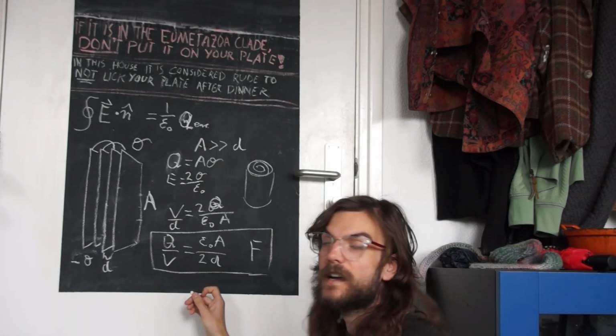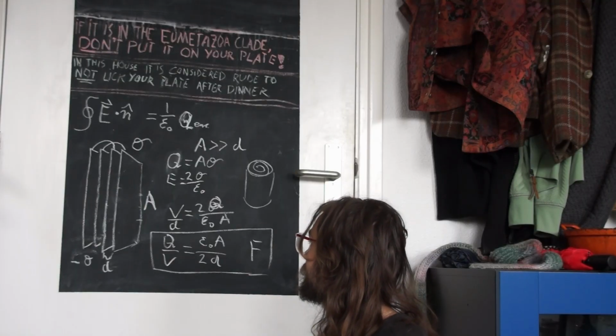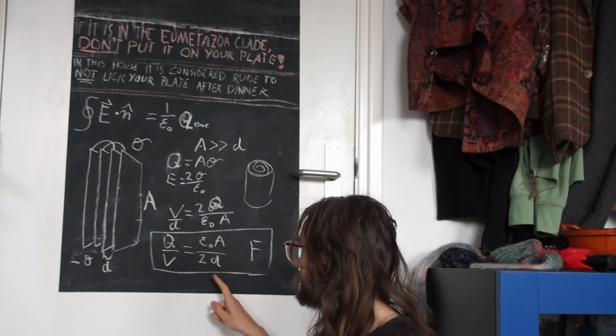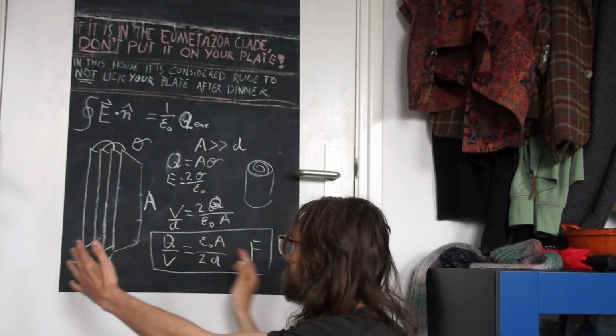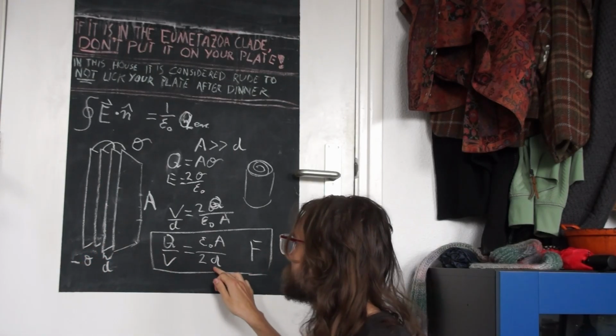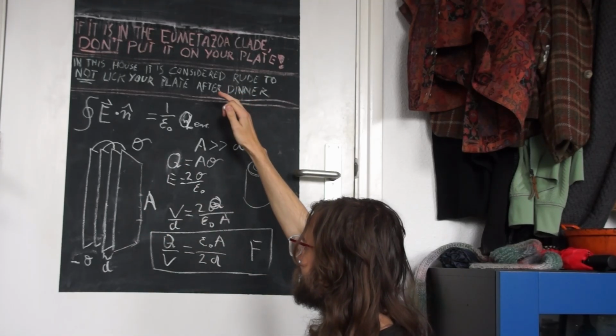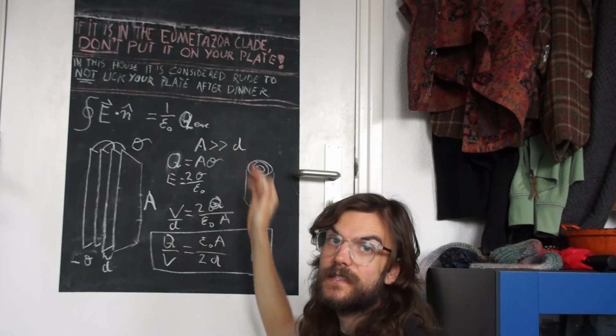So fundamentally, a capacitor is nothing else than a relationship between charge and voltage. For some intuition, if we make this D very big, our plates are very far apart, and our capacitance gets very small. Whereas if we make this A very big, we have very big plates, and our capacitance gets very large.